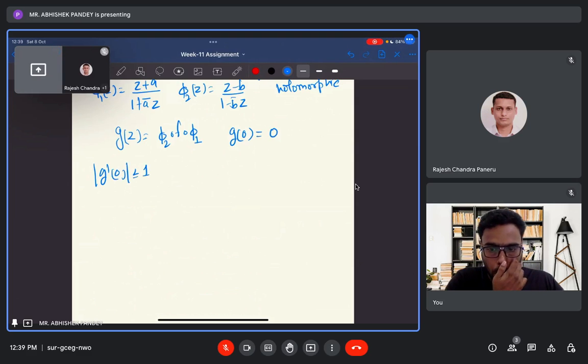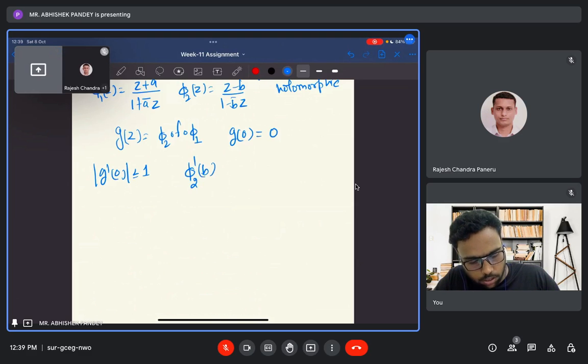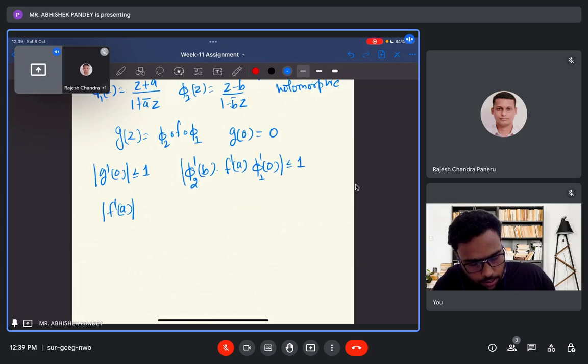And what is this? By the chain rule it is phi 2 dash b times f dash a times phi 1 dash 0. So you get that modulus of f dash a is less than or equal to 1 by phi 2 dash b into modulus of phi 1 dash 0.